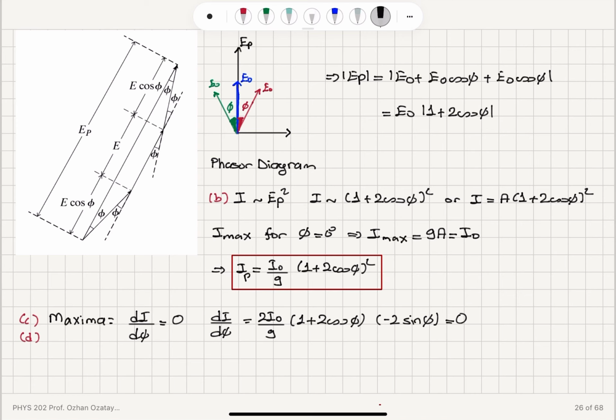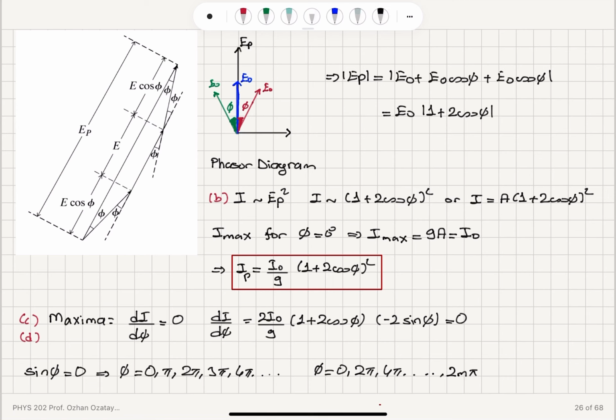Now sine phi equals 0 gives us phi equal to 0, pi, 2 pi, 3 pi, 4 pi, etc. If phi is equal to 0, 2 pi, 4 pi, or 2m pi, as mentioned in the problem statement, what would be the intensity?